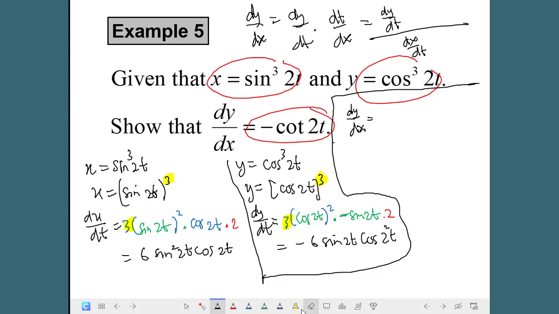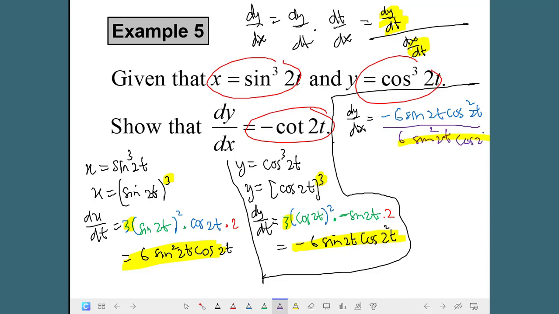Take this one, dy/dt is negative 6 sine 2t cos 2t squared, over dx/dt. dx/dt is this one, like this. And then it is 6 sine 2t squared cos 2t.